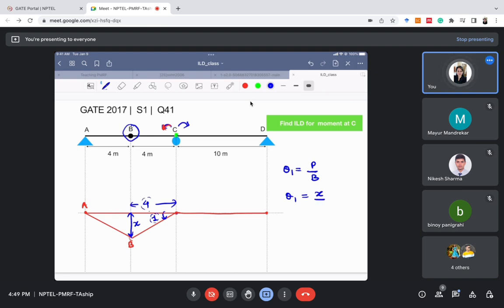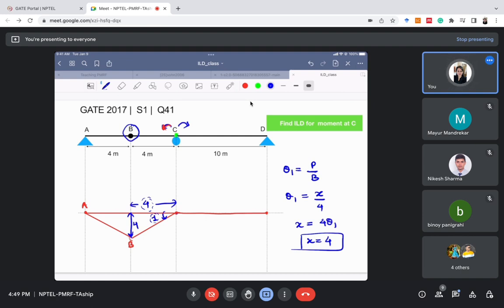And what is the value of this base? The value of base is 4, right? So x will be 4 theta 1. What is the value of theta 1 here? 1. So x will be equal to 4, right? If there's any confusion, you can ask me. So we have calculated the value of x as well, and it is 4.